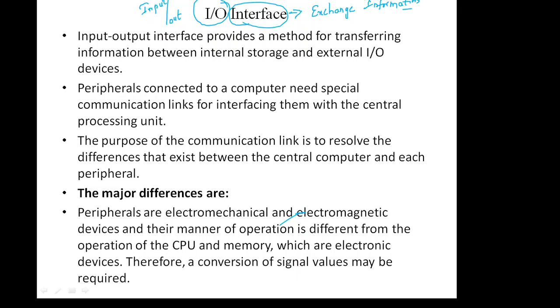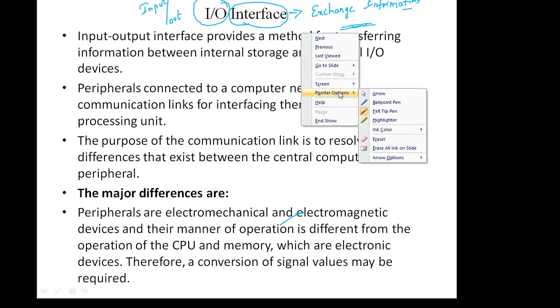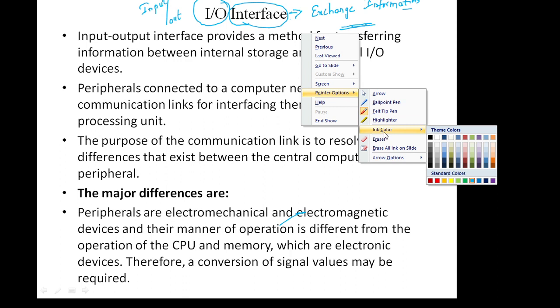Through any combination we can exchange the information, through a memory and a peripheral device, through software and computer hardware, through humans or a peripheral device, whatever it may be. In order to exchange this information, we need a mediating device. That mediating device, we call it an interface.